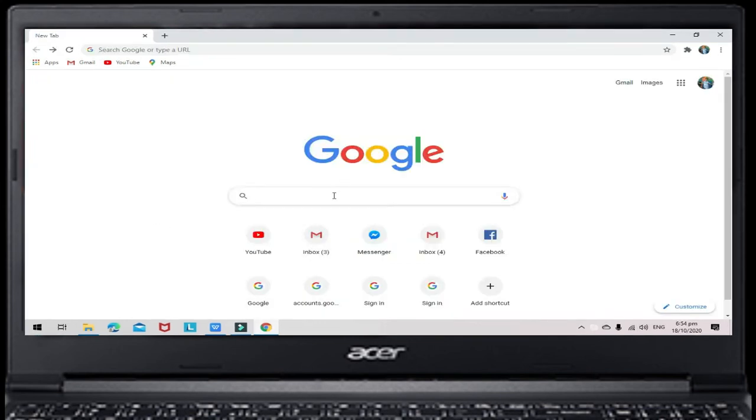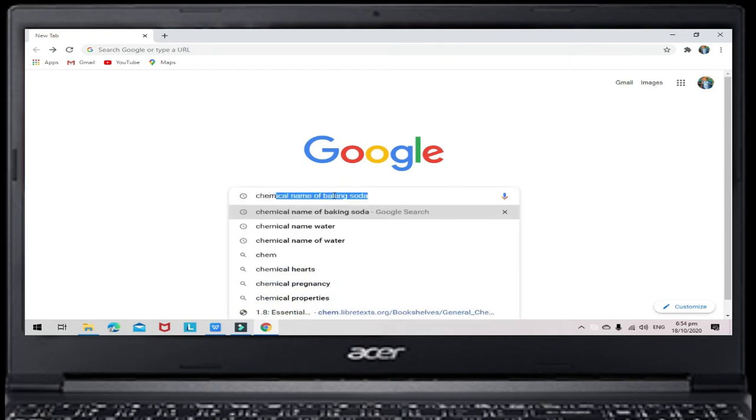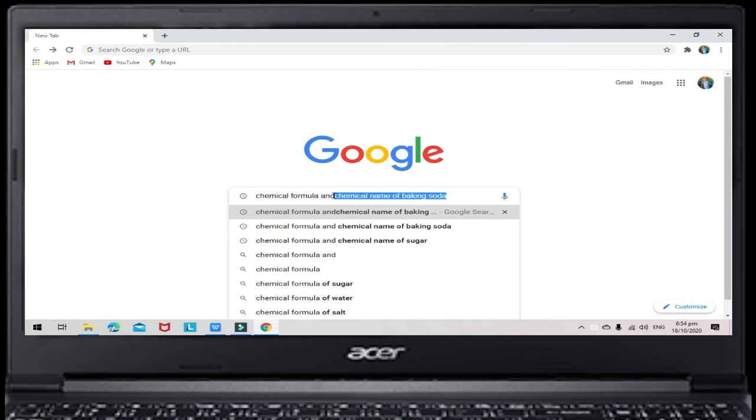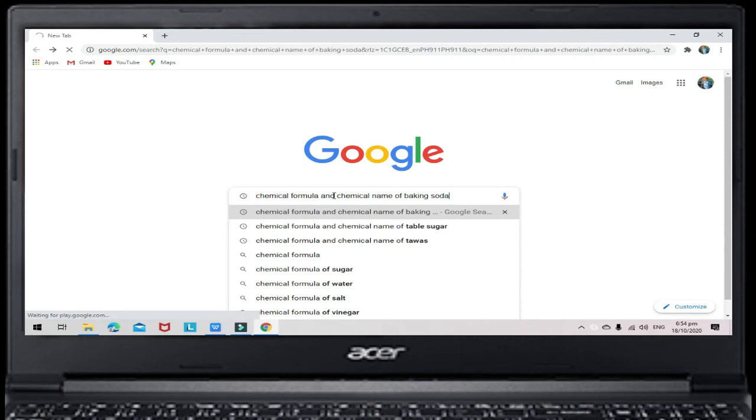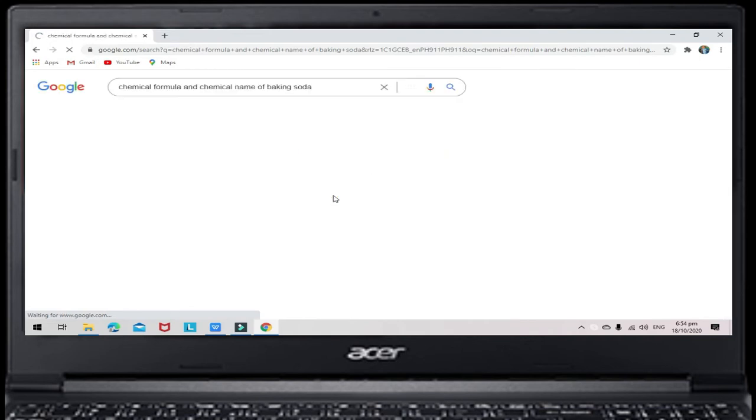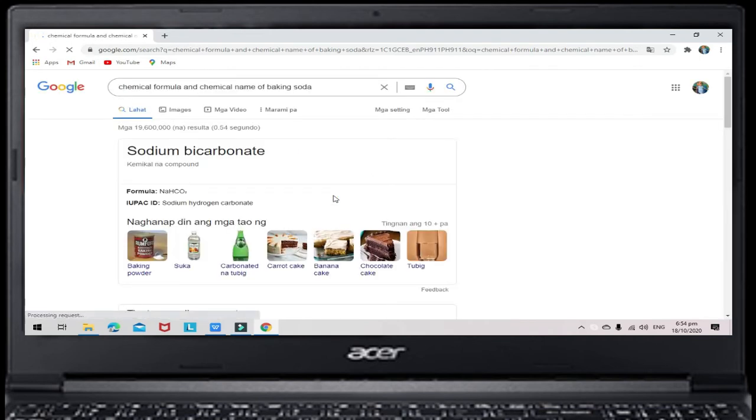In case you want to know the chemical formula and chemical name of a compound, just type in the search box chemical formula and chemical name of a particular compound. For example, baking soda. Then, the chemical name and the chemical formula will appear.